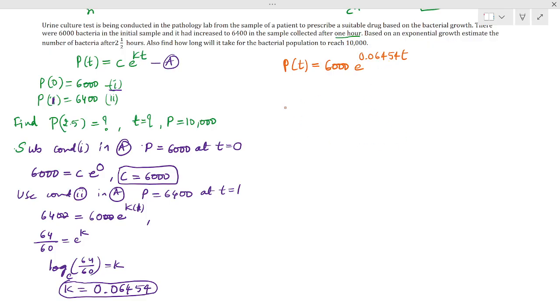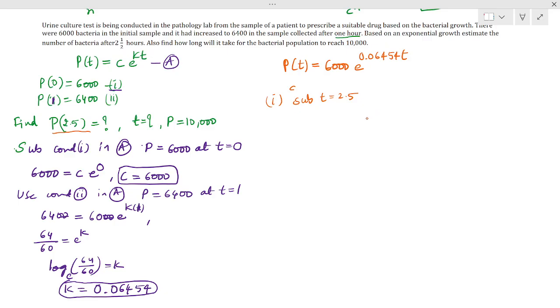After getting the population model, we need to find out the population of the bacteria after 2.5 hours. So substitute t is equal to 2.5.